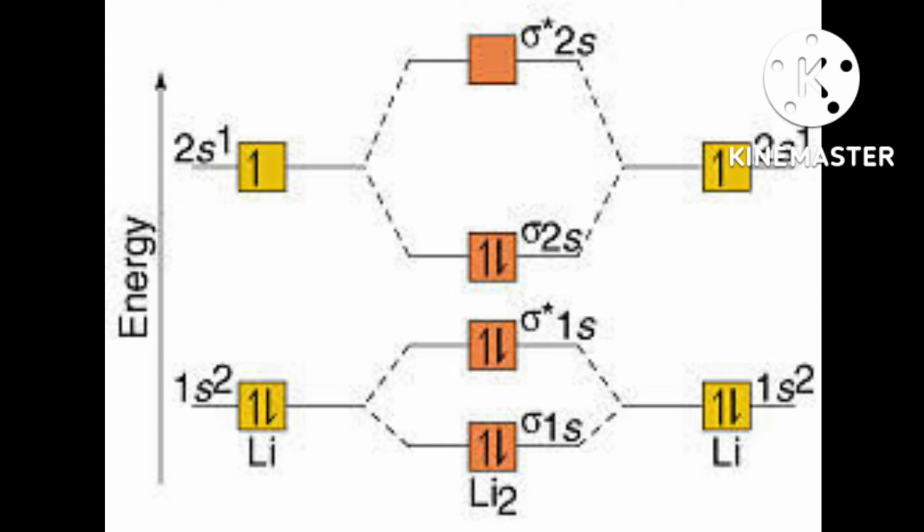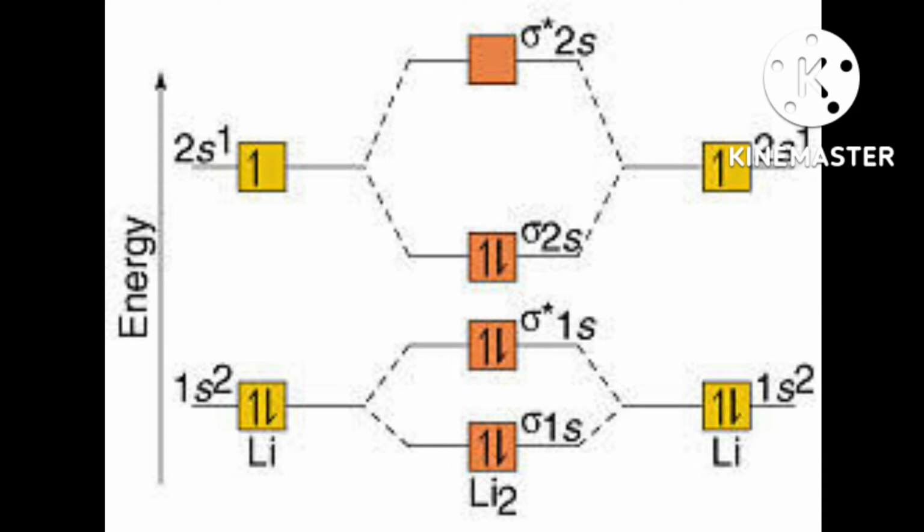Now I am discussing ahead. It is designated as sigma 1s and sigma star 1s. That is for anti-bonding. Always you first write the bonding one, and then immediately you write sigma star.